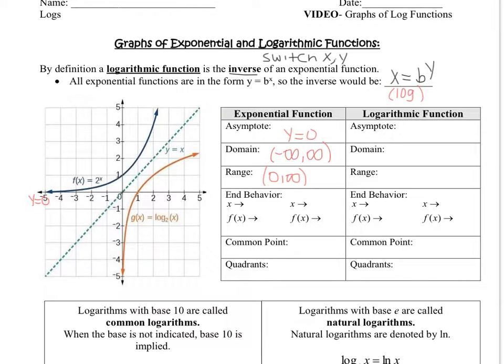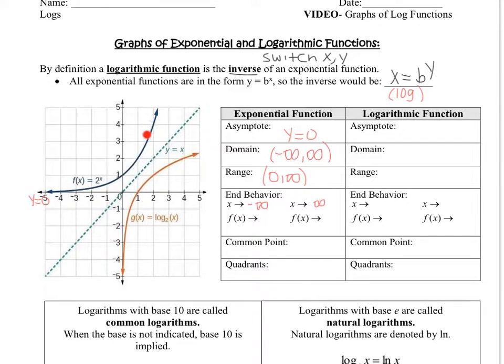Okay, now let's talk about the end behavior. So the end behavior is always in two parts, as x goes to negative infinity and as x goes to positive infinity. So let's look. As x goes to negative infinity, f of x is headed where? Well, it looks like the graph is headed to the line y equals 0.